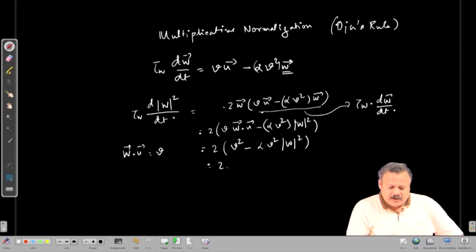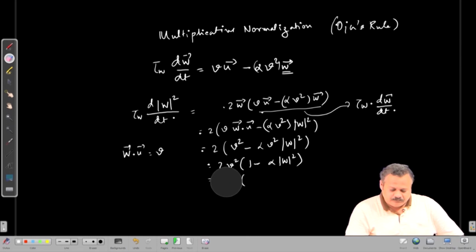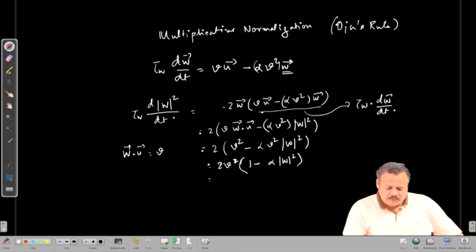So, we have twice V square times 1 minus alpha W square, or actually we can say twice V square by alpha, 1 minus alpha minus W norm squared.